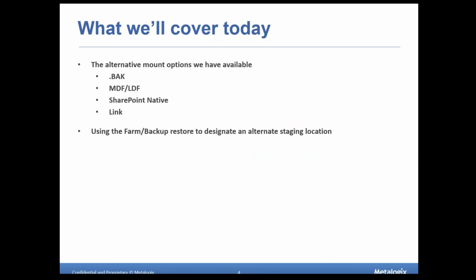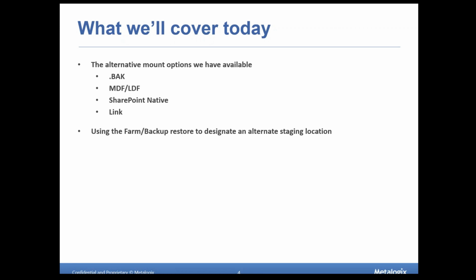Specifically, we're going to talk about what those alternative mount options are that we do have available. We're going to talk about mounting from a backup file, a .bak, and go through some examples. We're going to mount from direct raw MDF and LDF data files. We're not going to do any examples, but we'll talk a little bit about the SharePoint native backup and how to mount from there. Then we're going to do some live linking to actual live content databases.